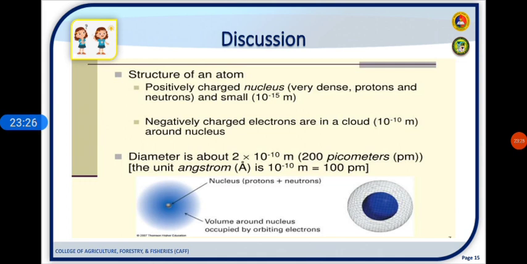So a positively charged proton plus a neutrally charged neutron will make the nucleus positively charged as well. And the negatively charged electrons are in the cloud. We already know that electrons are subatomic particles with negative charge, so it is appropriate to say that the electron cloud region is negatively charged as well.